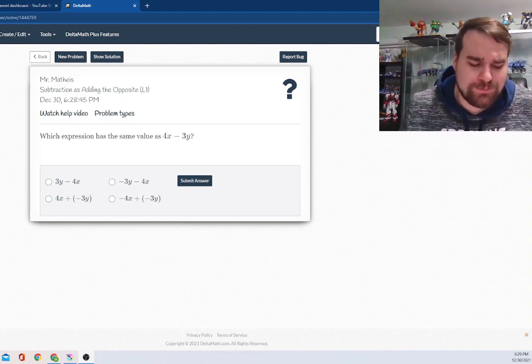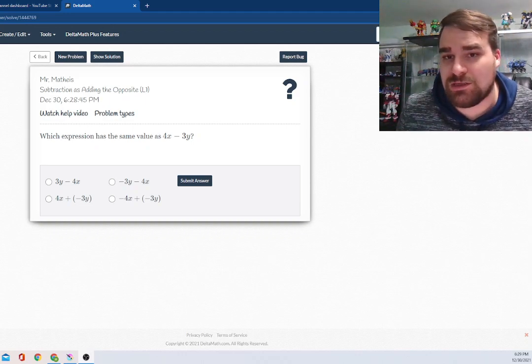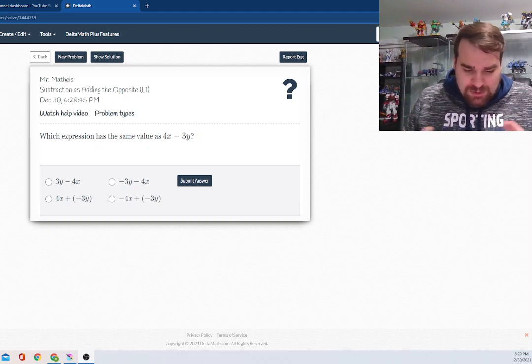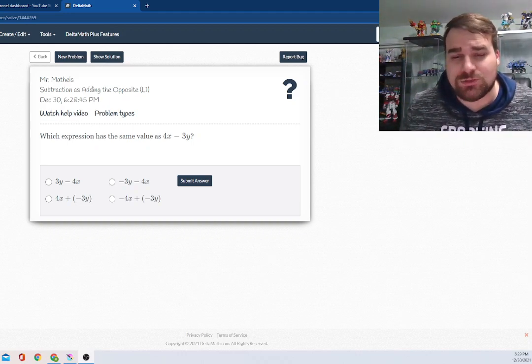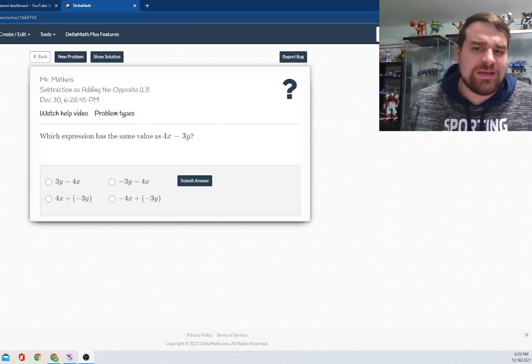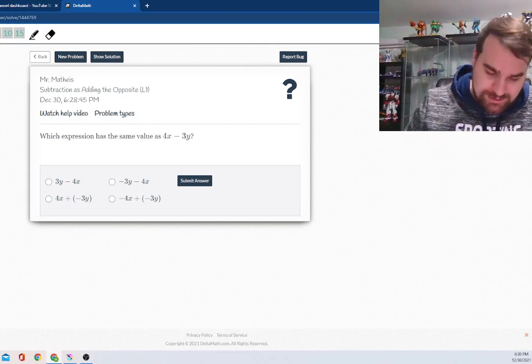This says, which expression has the same value as 4x minus 3y? Well, there's an expression and we want something that has the same value as it, aka an equivalent expression. So maybe just another way of writing the same thing. So let's make a couple of notes about the expression that's currently written here.